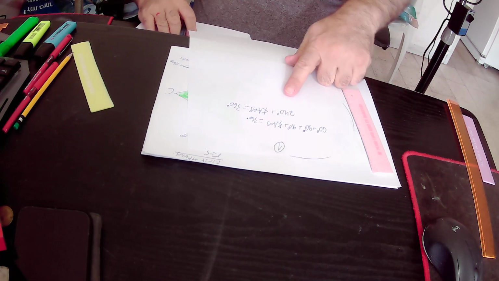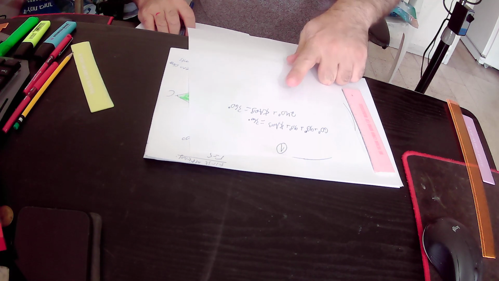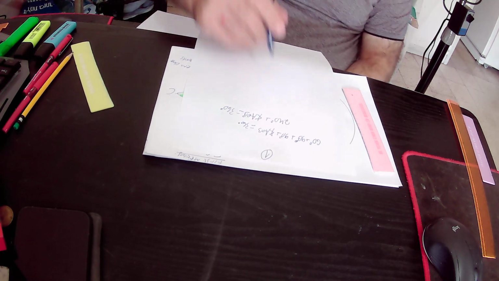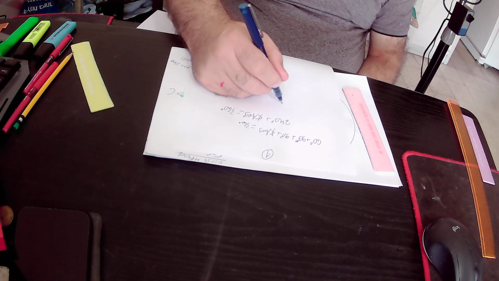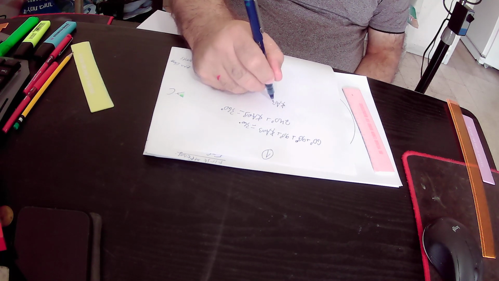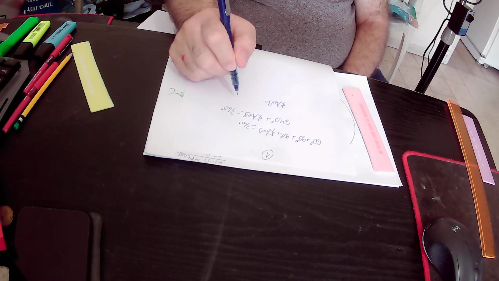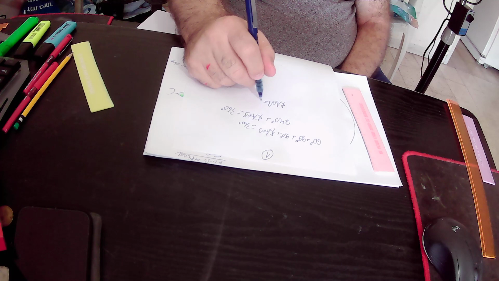So here we will subtract 240 degrees from this equality, and we will get that the size of angle AOB equals 360 degrees minus 240 degrees, which is 120 degrees.